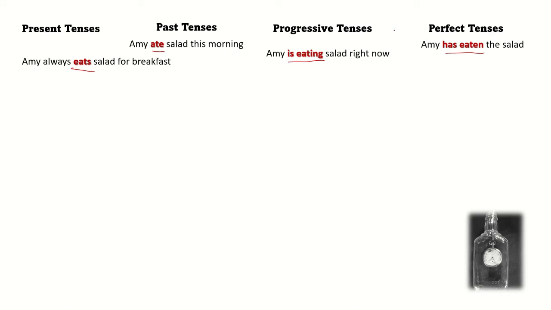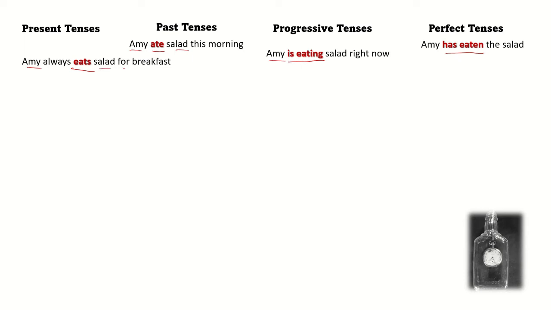And look at the subject, look at the noun here, Amy. There is no change in Amy. And on the salad, the object of the sentence, there is no change in salad. And the other change may be for the adverb.